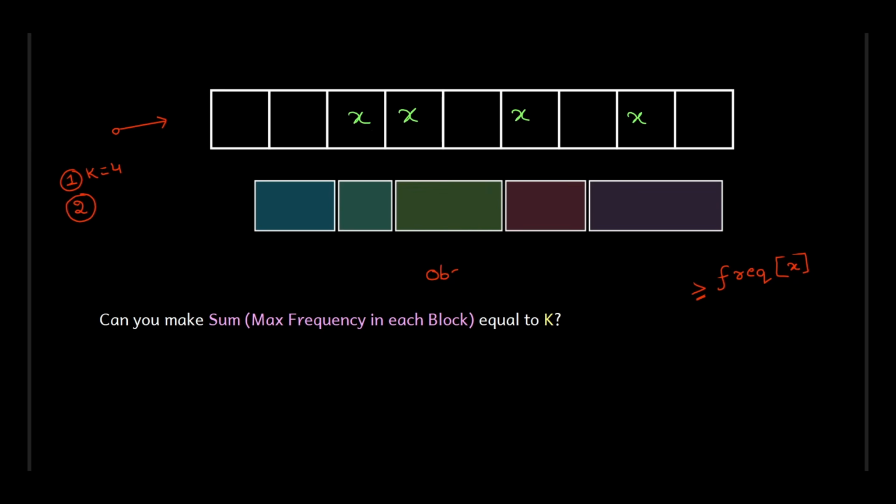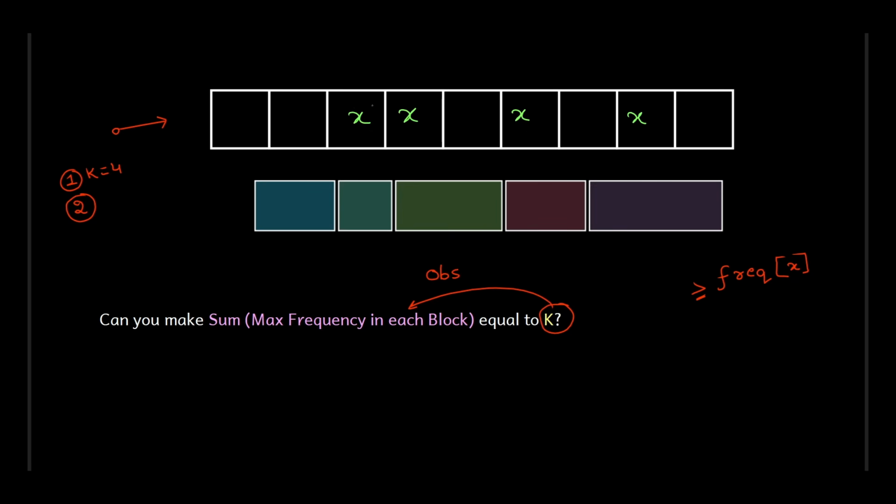So observation 1 was that K greater than N is false. Observation 2 stemmed out of the fact that the sum of the frequencies cannot exceed the total number of elements, and that all of these elements combine their power.